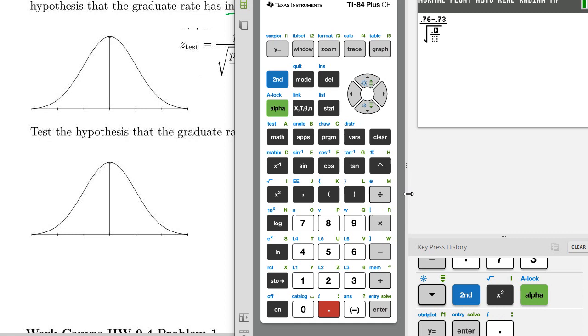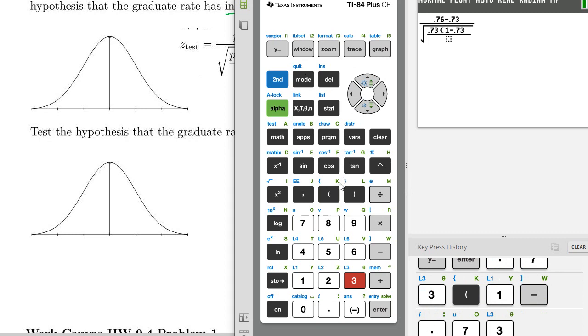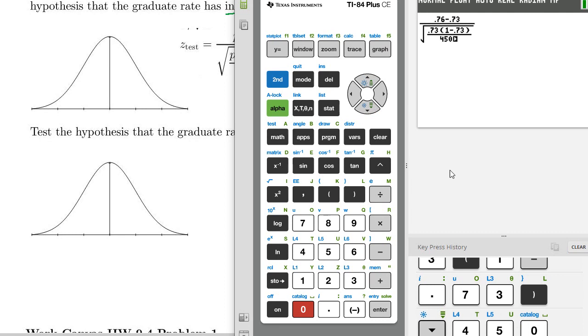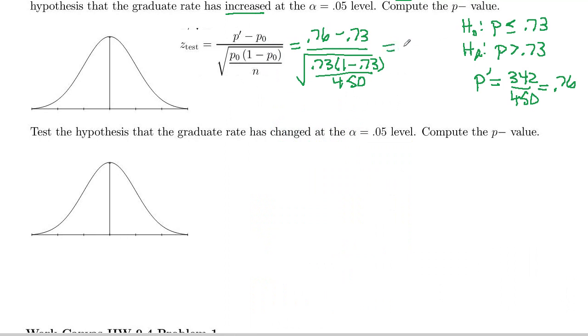On top we have 0.73 times parenthesis 1 minus 0.73 close parenthesis, and down on the bottom 450, and enter. So 1.433. Now, usually we'll round those z-scores to 2 decimal places. You can take it out more. So 1.43.